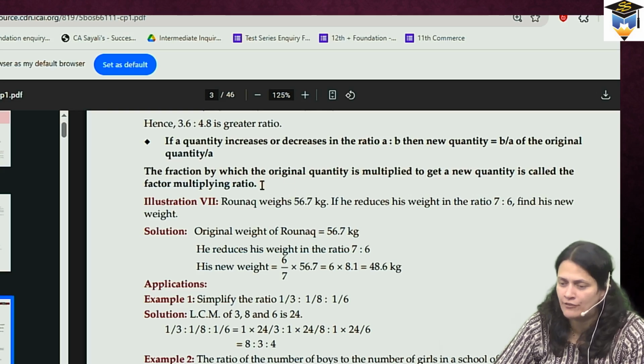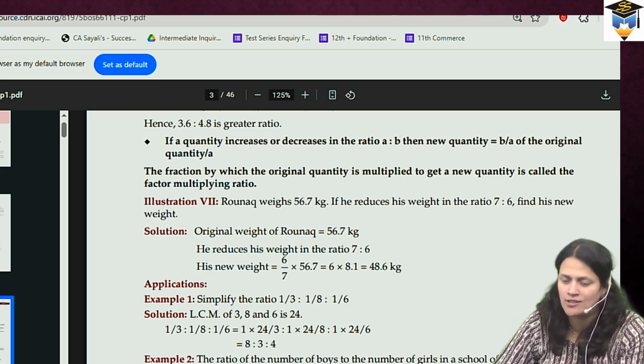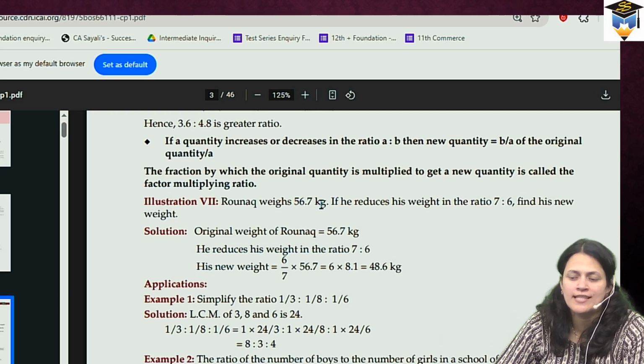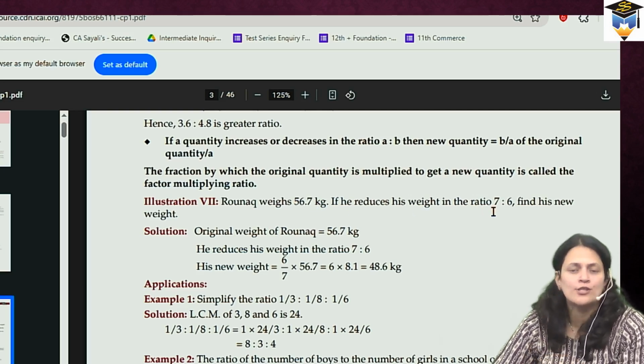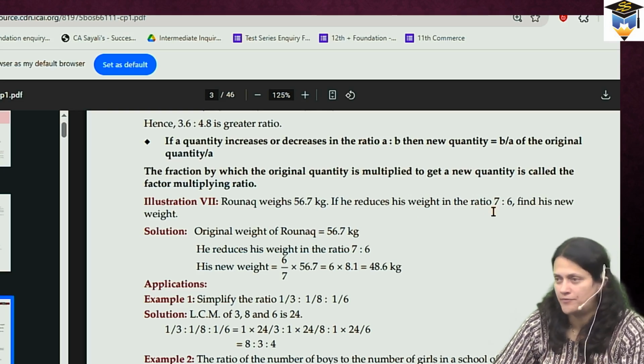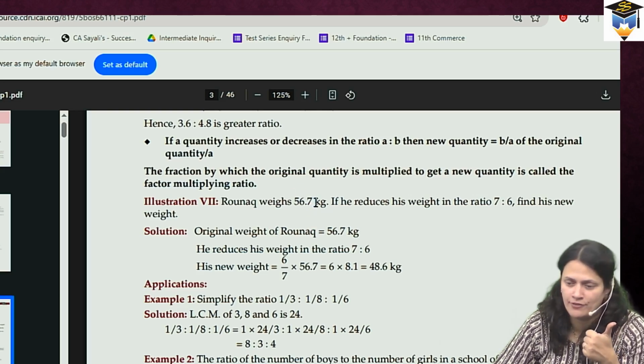Now I think this example is easier to understand. Check this. Raunak weighs 56.7 kgs. If he reduces his weight in the ratio 7:6, find his new weight. So the original weight of Raunak is 56.7.